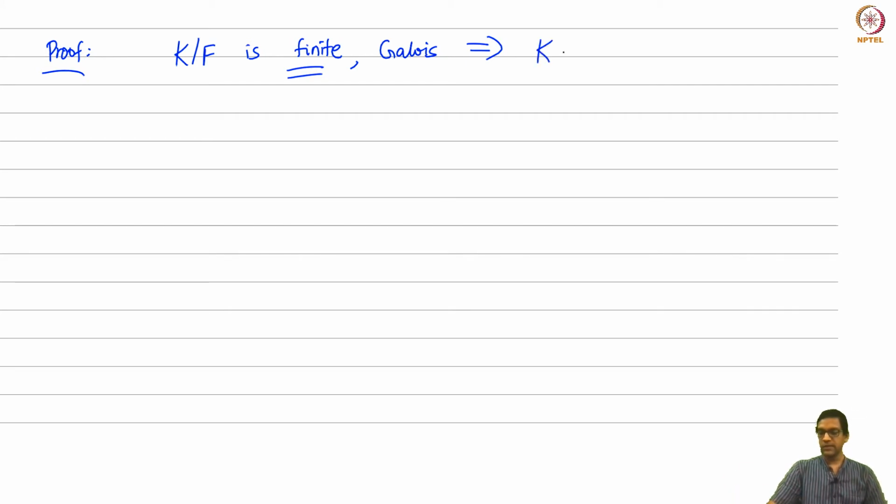Okay, so in other words, because K is a finite Galois extension, this is the splitting field of some polynomial f(x) with coefficients in F[x].